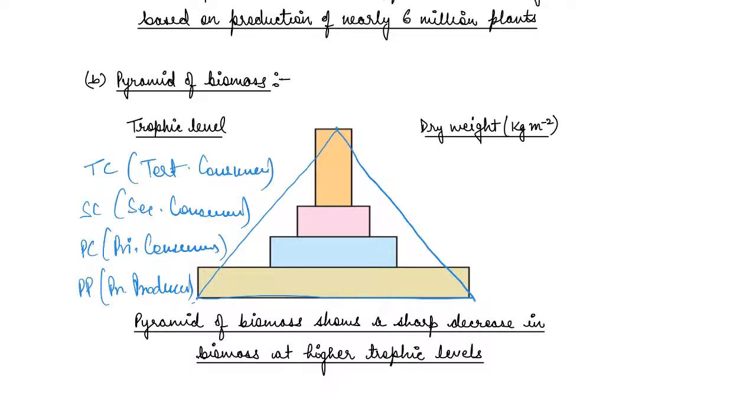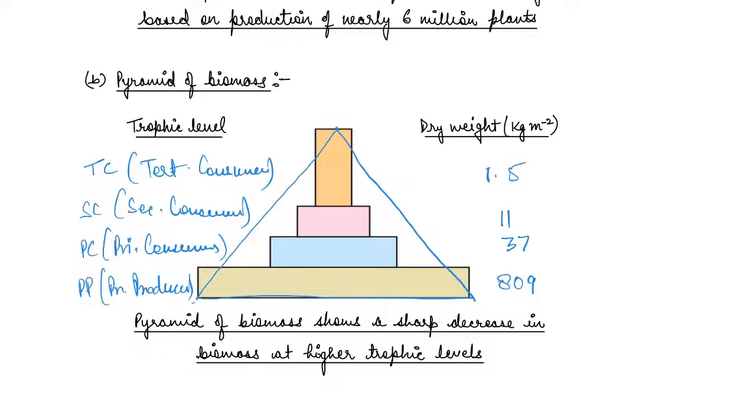Right? Now let's see the dry weight here, because the first one was pyramid of numbers, so it was number of individuals. This is pyramid of biomass. So here it will be as per the dry weight, right? Here 809 kg per meter square. Then the primary consumer would be 37. 11 is secondary consumer, and the top consumer, the tertiary consumer, is just 1.5 kg per meter square, right?